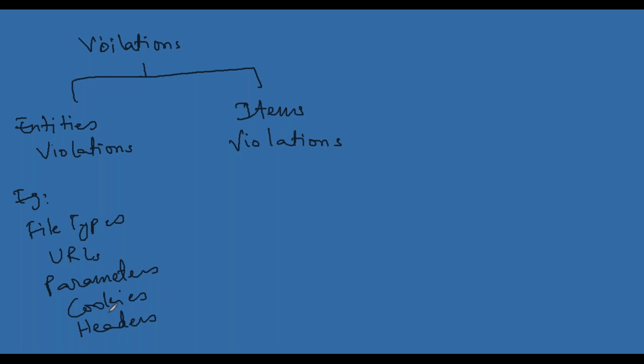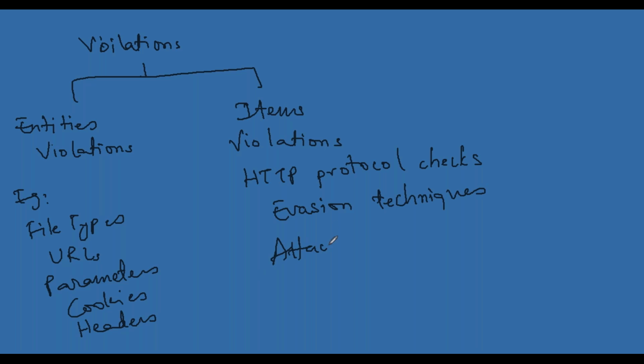And item violations can be, for example, HTTP protocol checks or evasion detection, evasion techniques, any attack signature which is matching, your data guard feature.